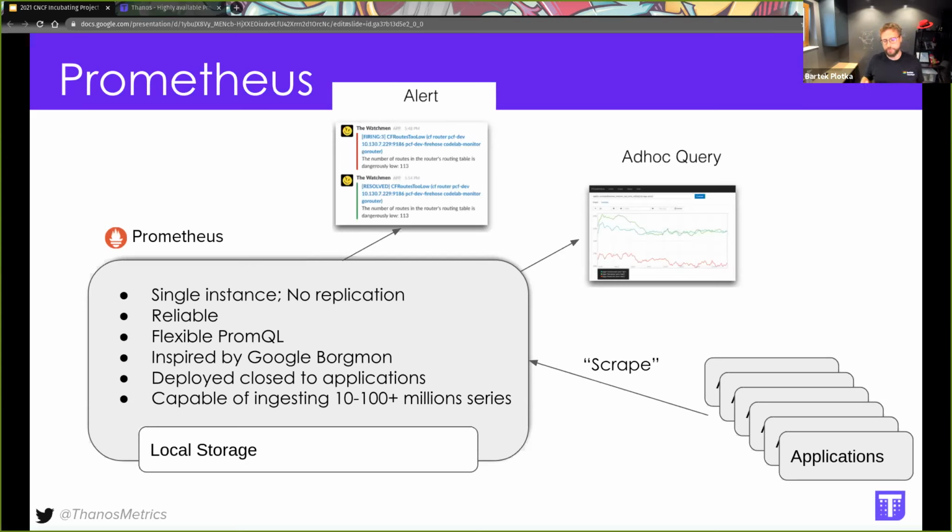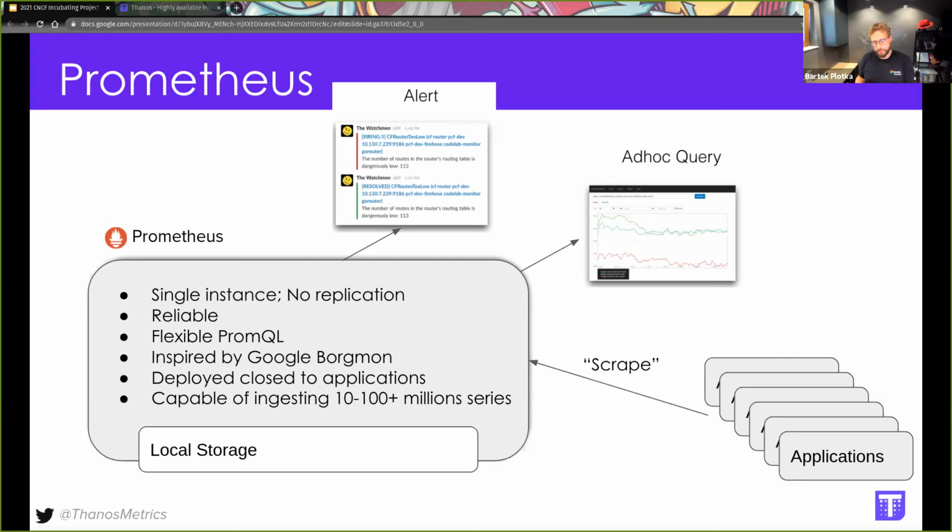But at the end, it is one way of getting those metrics in. So why am I talking about Prometheus? Well, we started with Prometheus in my previous job, and at the end, like many others, we went into some problems, right? Really the problem is that at some point you have more clusters, you have more than 10 million series. You want to have high availability. You want to make sure that if you upgrade your Prometheus, there is some other collector that will take this data and that you can use this architecture transparently, right?